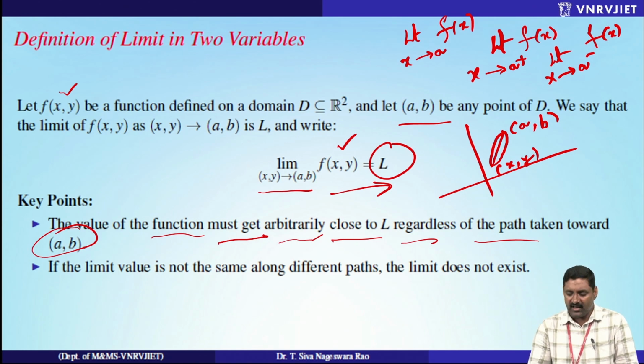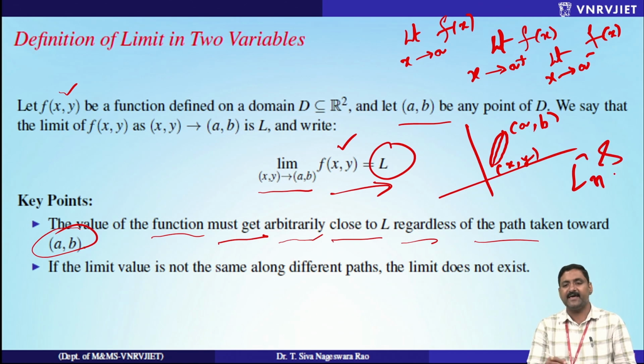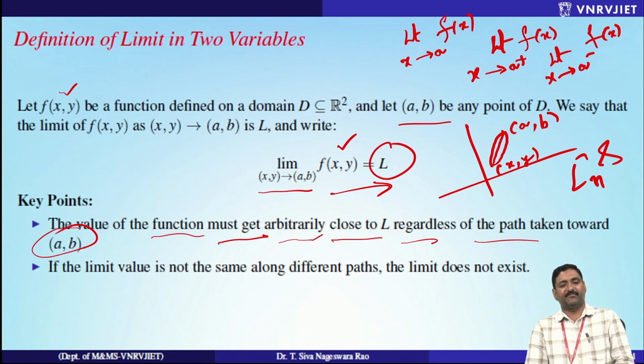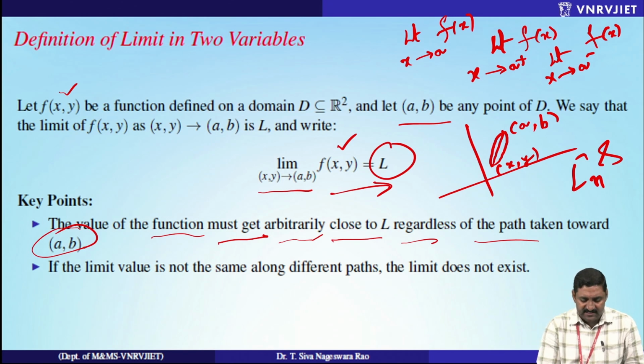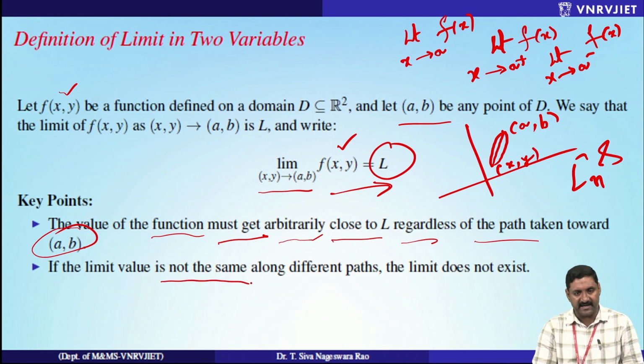If all the Ln's are the same, then only we can say the limit of the given function f of x comma y will exist. Next, suppose the limit value is not the same along different paths.